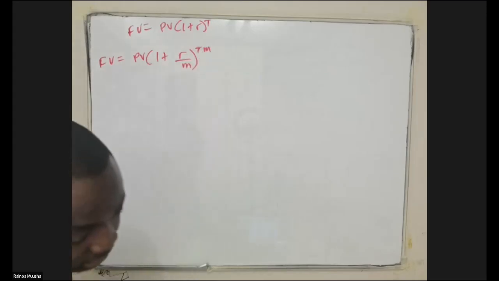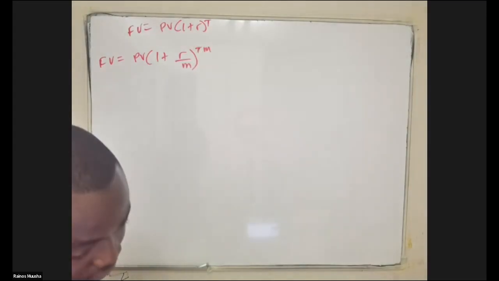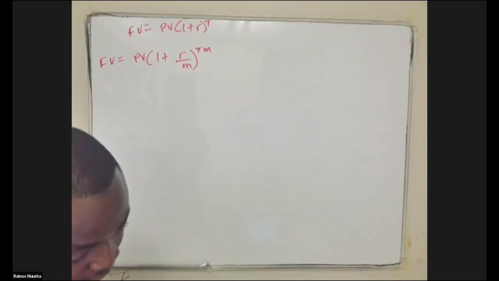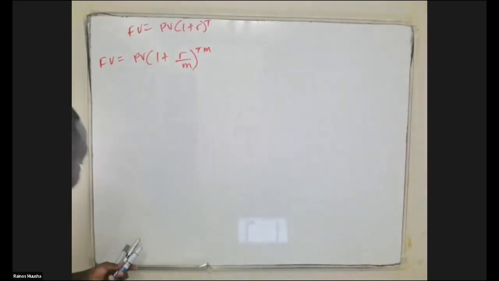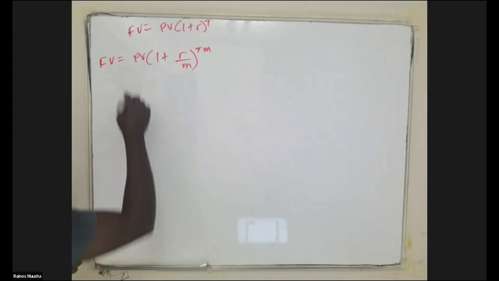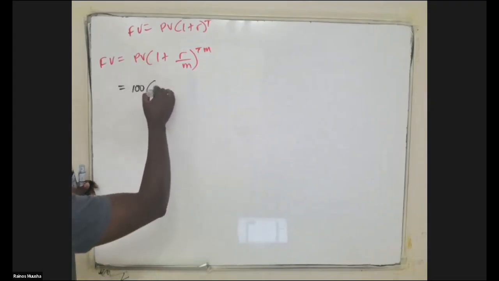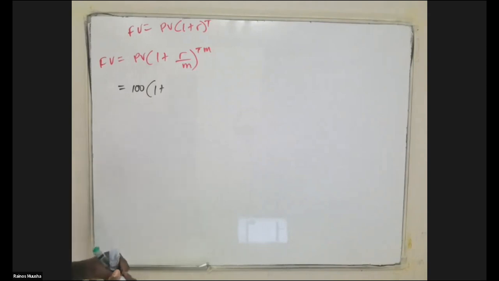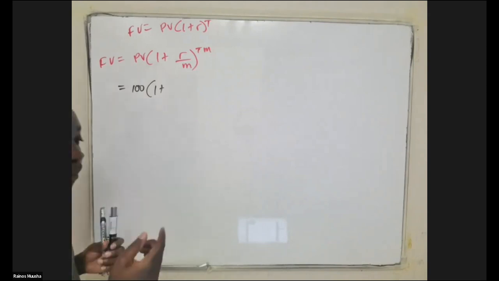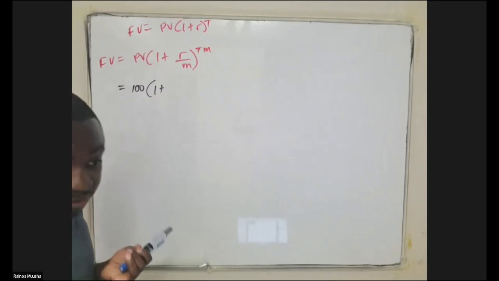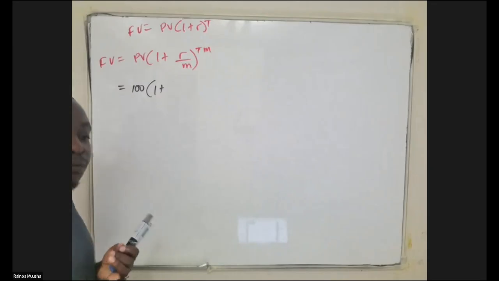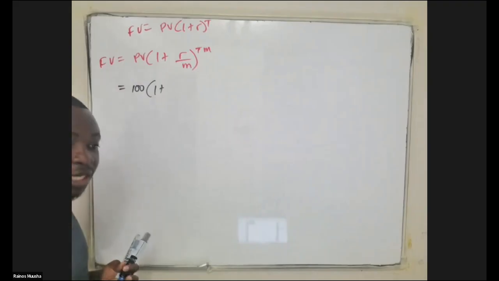Although we're not going to use the formula to get the answer, if you were, your present value is given as 100 in brackets 1 plus your interest of 12% compounded monthly. If you're compounding monthly, it means you're compounding 12 times a year. If you're compounding semi-annually, it means you're compounding twice a year. If you're compounding quarterly, it means 4 times a year.